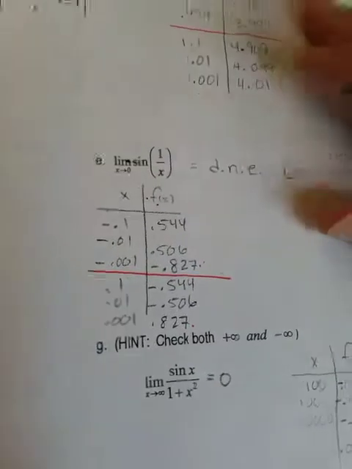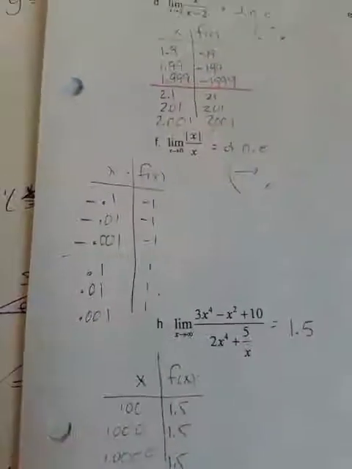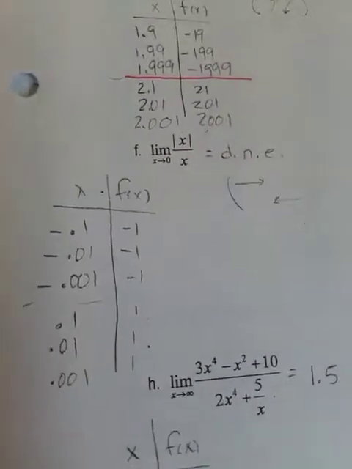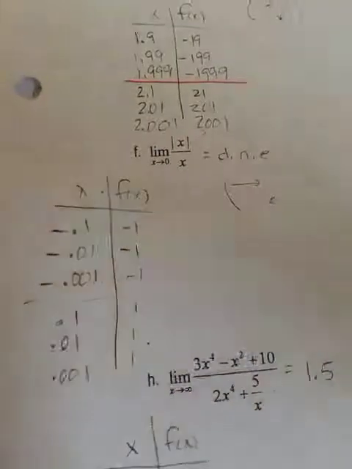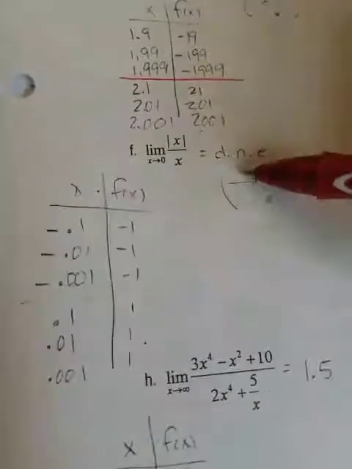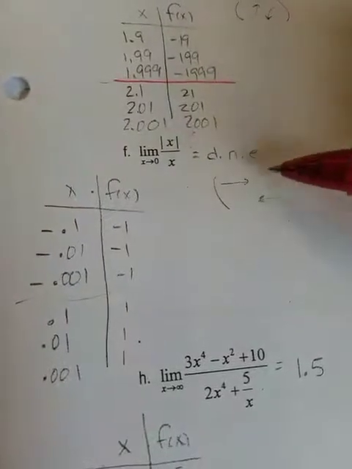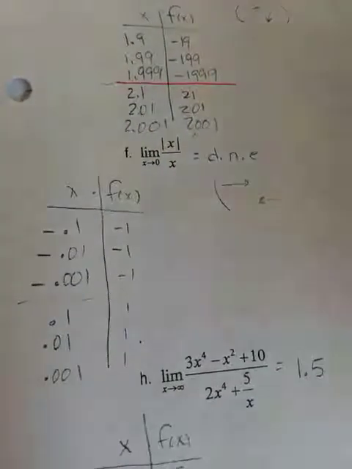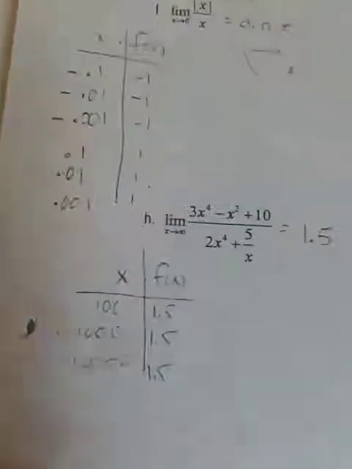So again, this is another example of does not exist. For f of x equals the absolute value of x divided by x at 0, once again, you get a negative 1 and a 1. This is a does not exist example because it's coming in from two different numbers, so it's not the same value.